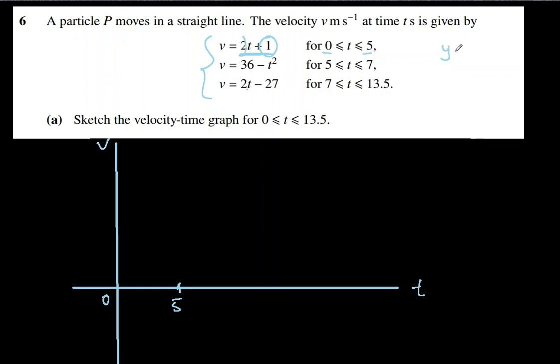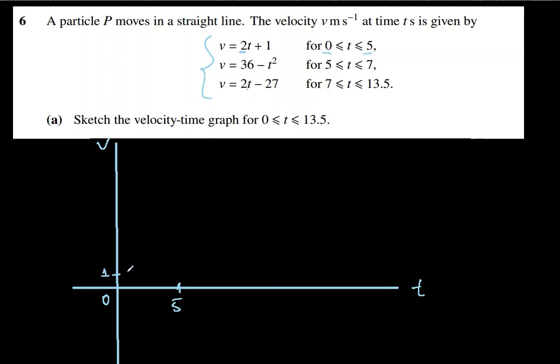You remember this, y equal to mx plus c, the equation of a line. It is exactly similar. c is the y-intercept. In this case, 1 is the v-intercept and 2 is the gradient. So first, let's mark the v-intercept, let's say 1 is here. So your line starts from 1 and your gradient is 2.